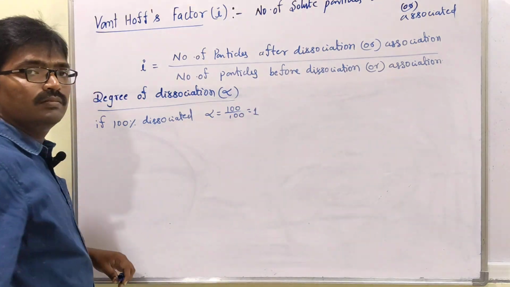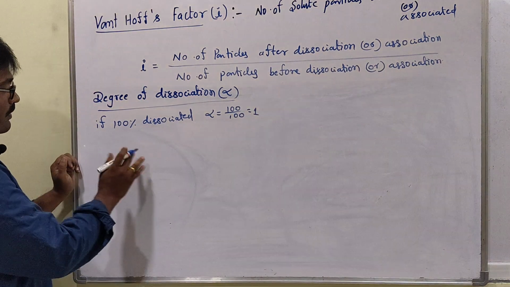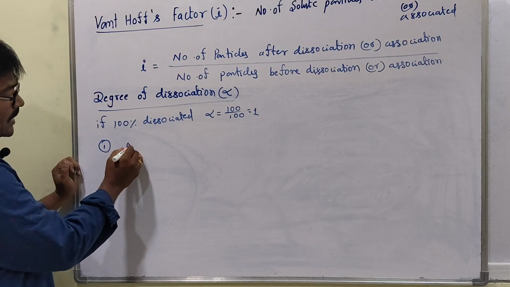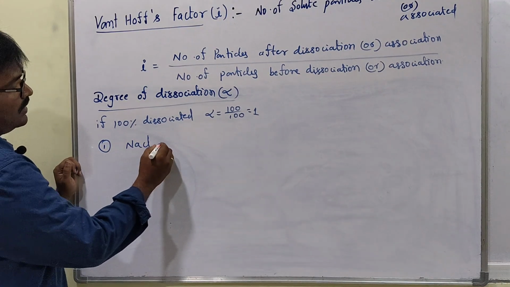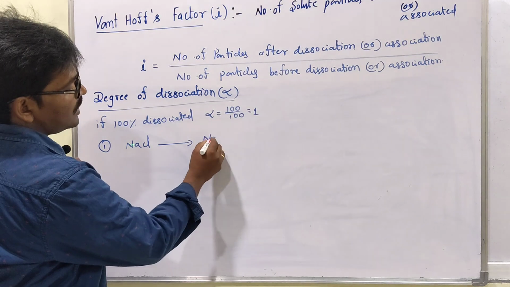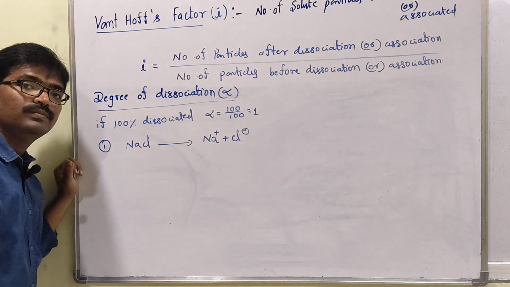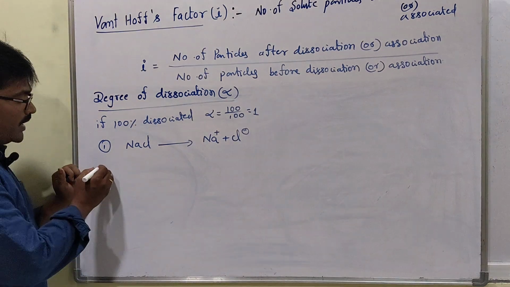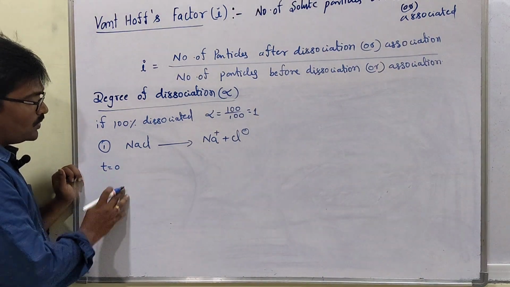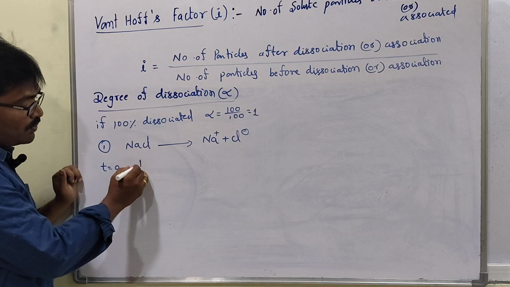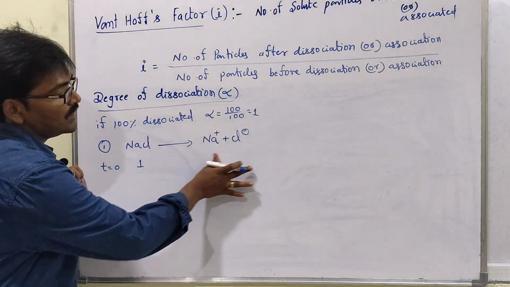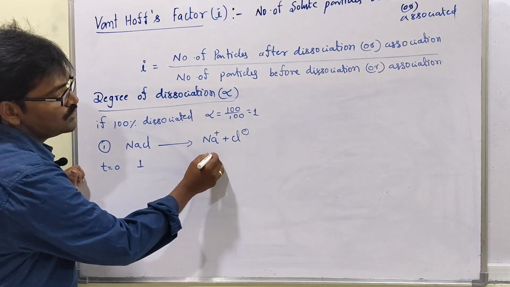Yes, 1. So now one of the molecule, again I am taking, that is NaCl. Sir, ఇది ఎలా dissociate అవుతుంది సార్? Na plus and Cl minus, it will dissociate like this. Okay, clear, right? When time t equals to 0, only one particle will be there, there are no any particles here, అందుకే dissociation అవ్వలేదు. So 0, 0.